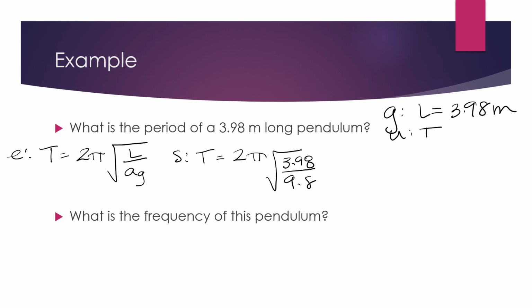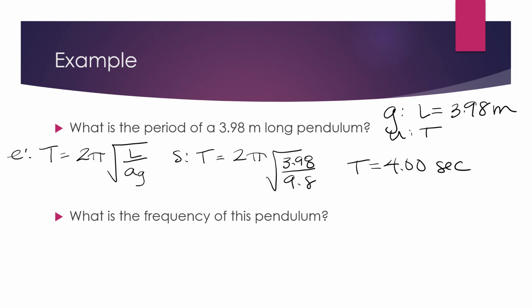Again, you're going to have to be careful how you do parentheses under the square root. Okay, I got 4 seconds with 2 sig figs. So I want you to check and make sure that you can do this on your calculator, that you can get 4.